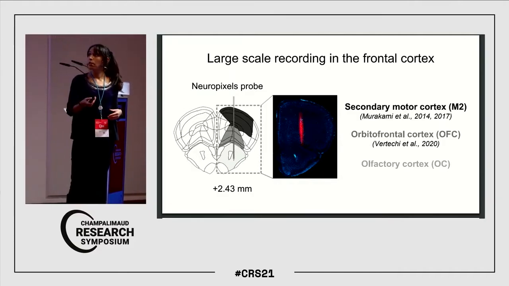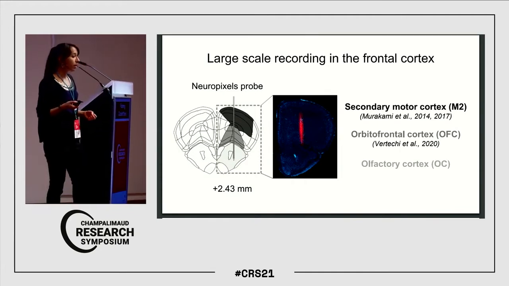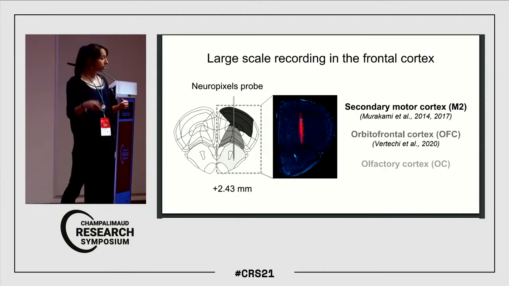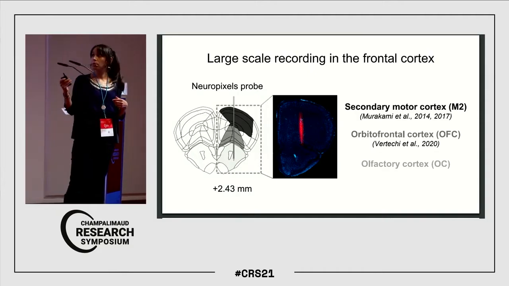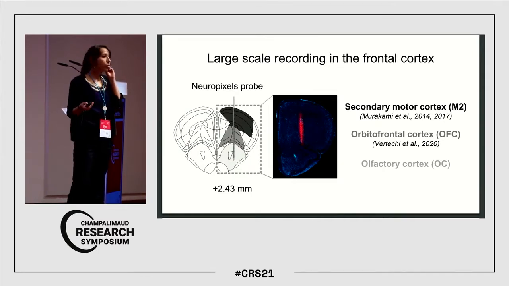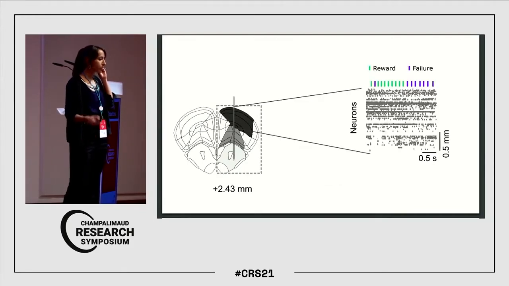And right below this region, there is the orbitofrontal cortex, which has been recently put forward as an important region for the inference of hidden states, especially in this task. And because we have this long shank, we can also record simultaneously in the olfactory cortex, which here we just treat as a control region because there are no explicit olfactory cues.